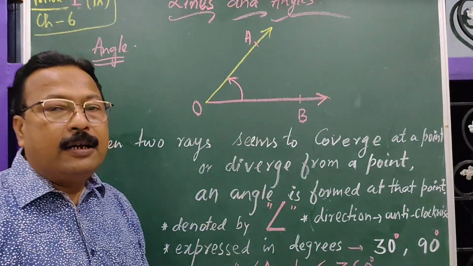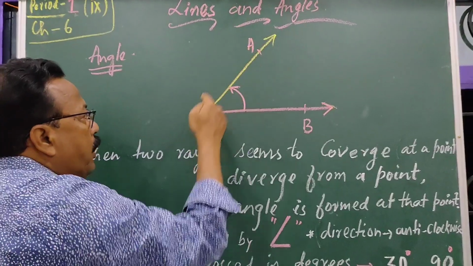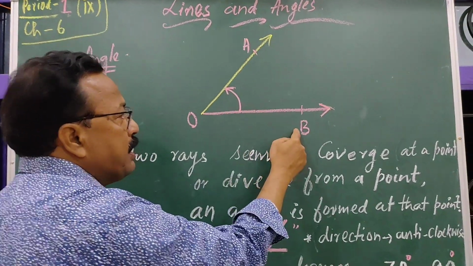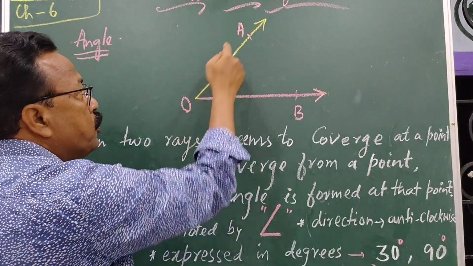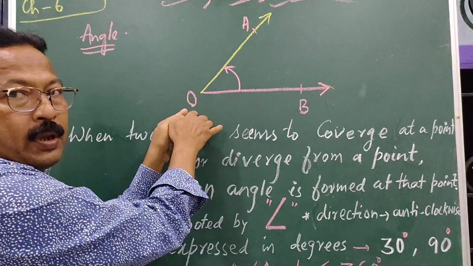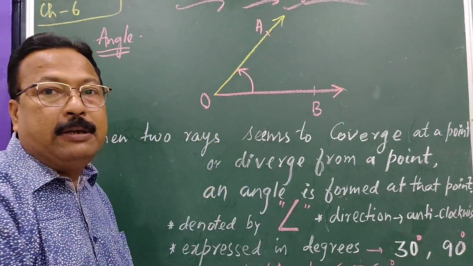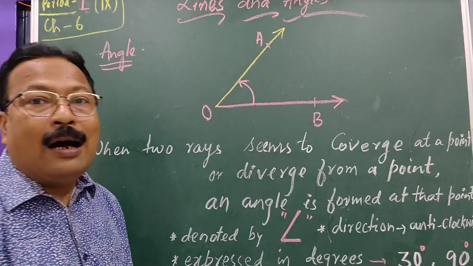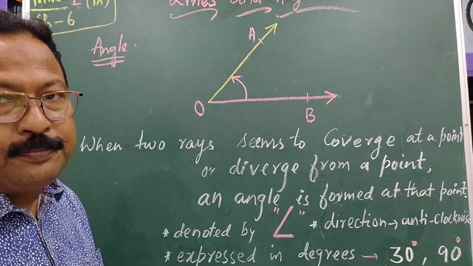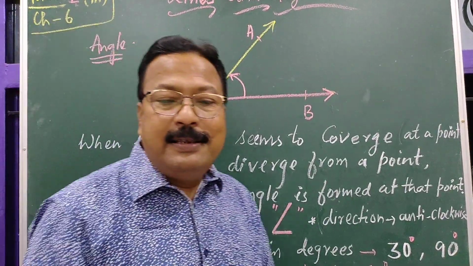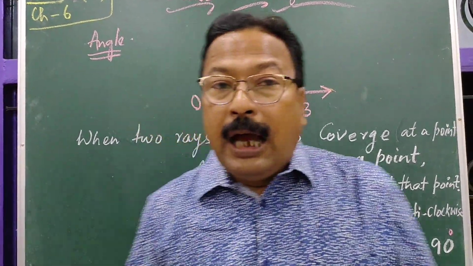In this figure, an angle AOB has been formed, or you can also write angle BOA, or simply angle O. At this point one angle is being formed, and OA and OB are the arms of the angle.